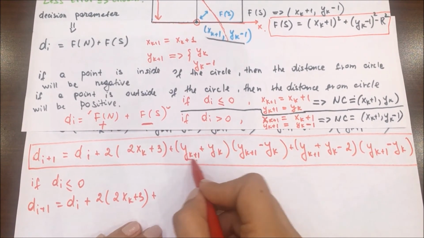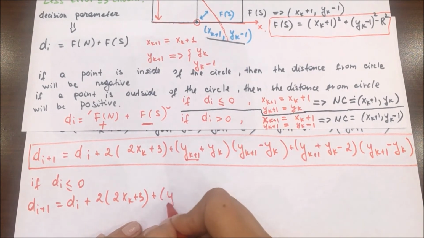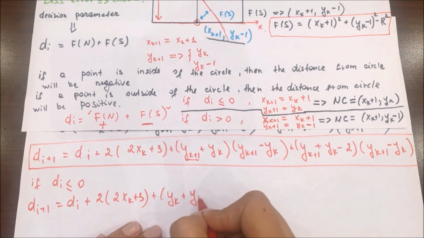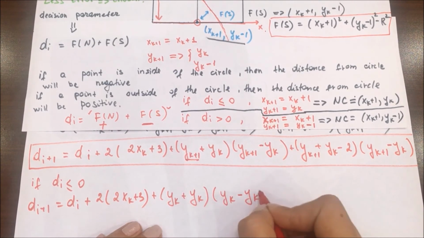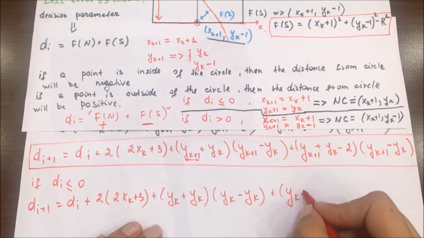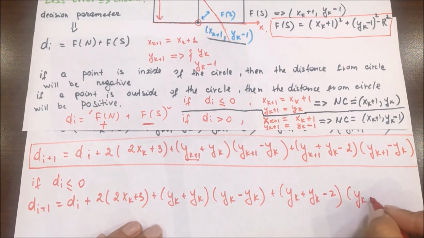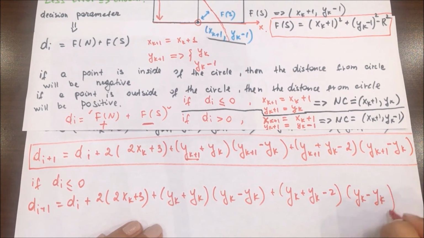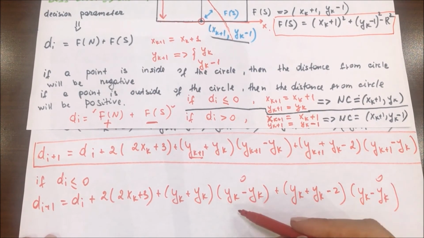di plus 1 equals di plus 2 times 2xk plus 3 plus yk, because we replaced yk plus 1 with yk, times yk minus yk plus yk minus 2 times yk minus yk. As you see, we replaced all yk plus 1 with yk.